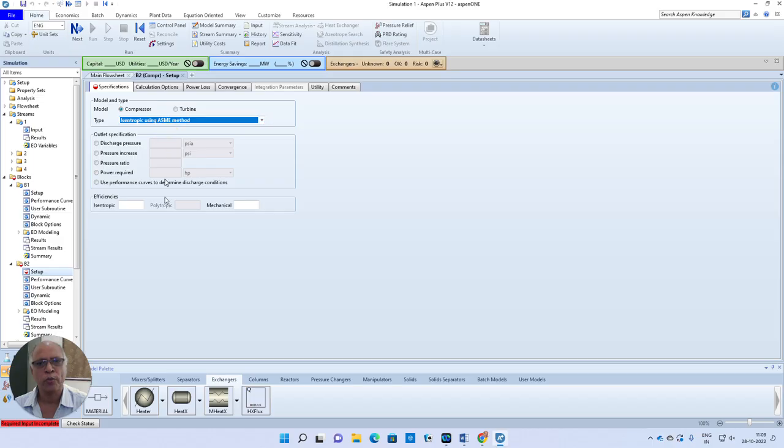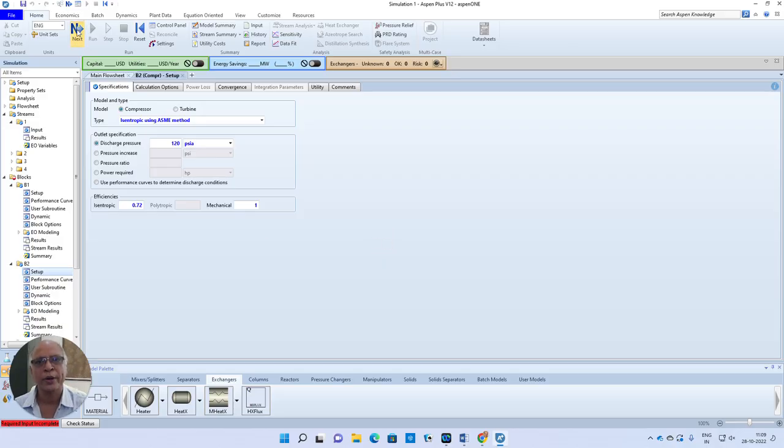The second is also isentropic. The efficiencies are similar to the first, 0.72, and mechanical efficiency is 1. If you don't provide these, Aspen will be using some other values. And the discharge pressure, we know clearly that it should be at 120.